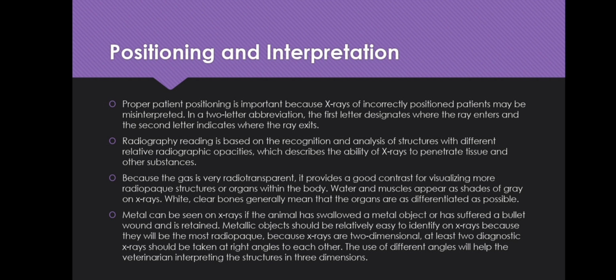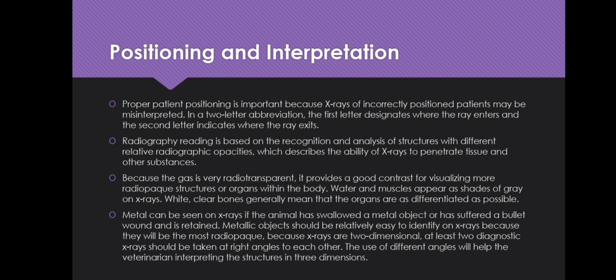Metal can be seen on X-ray if the animal has swallowed a metal object or has suffered a gunshot wound and it is retained. Metallic objects show up relatively easily on X-ray because they will be the most radiopaque.